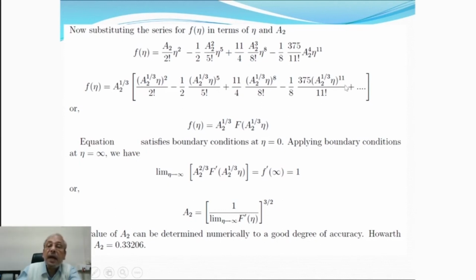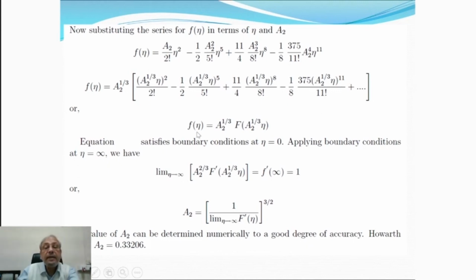And we can rearrange that again as f(eta) = a2 to the power 1/3 into an expression of a series: a2 to the power 1/3 eta squared by factorial 2, minus half a2 to the power 1/3 eta to the power 5 by factorial 5, plus 11/4 (a2 to the power 1/3 into eta) whole to the power 8 by factorial 8, minus 375/8 (a2 to the power 1/3 into eta) whole to the power 11 by factorial 11.